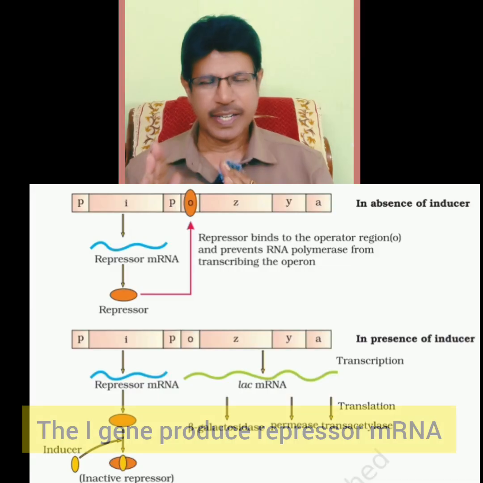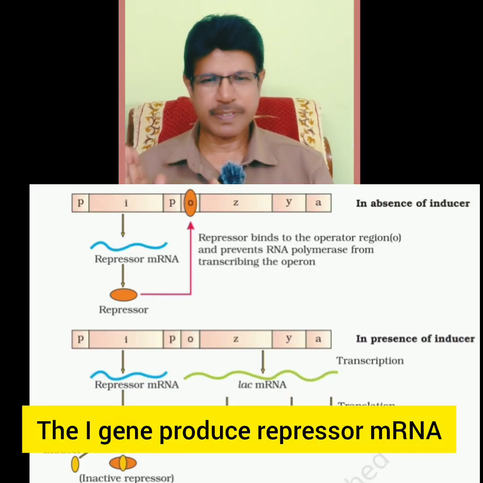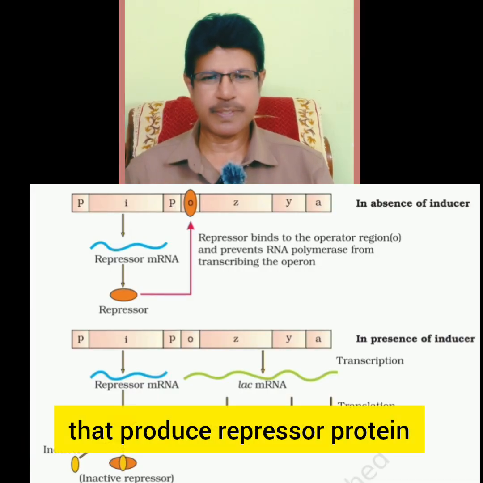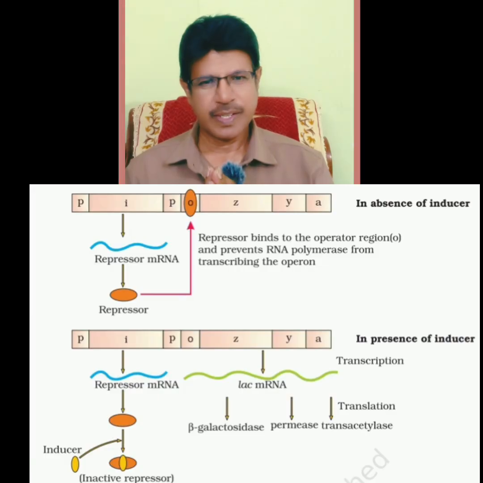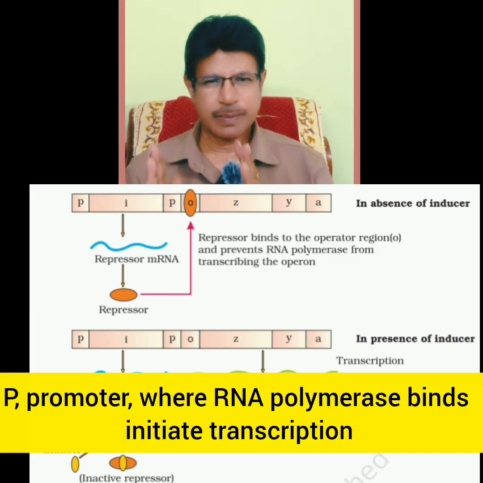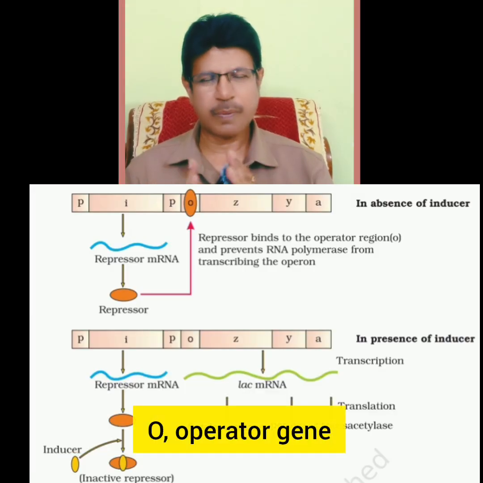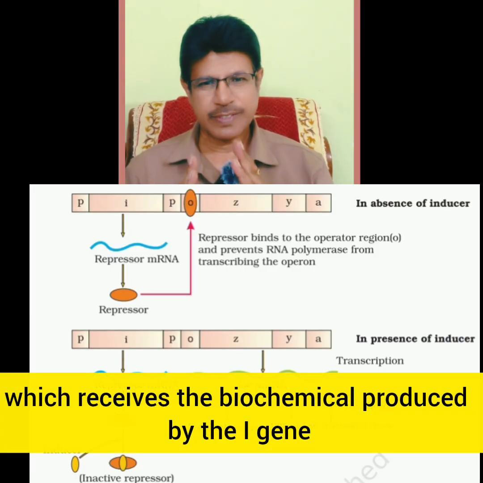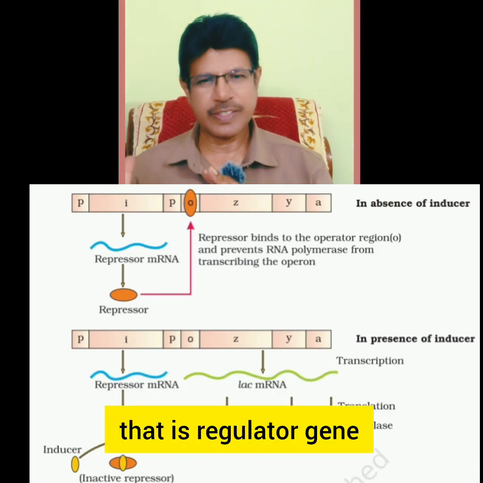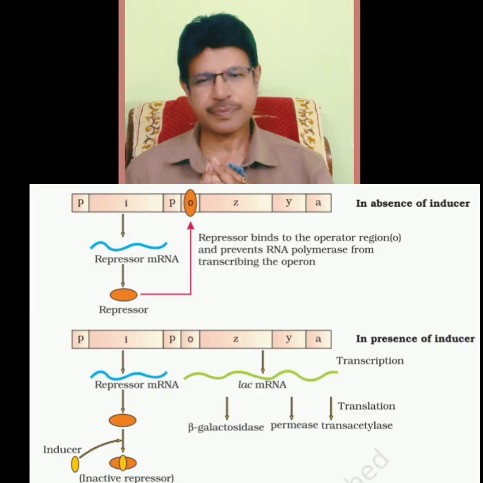Next, the I gene produces repressor mRNA that produces repressor protein. P is the promoter where RNA polymerase binds to initiate transcription. O is the operator gene which receives the biochemical produced by the I gene, that is the regulator gene, that is the repressor protein.